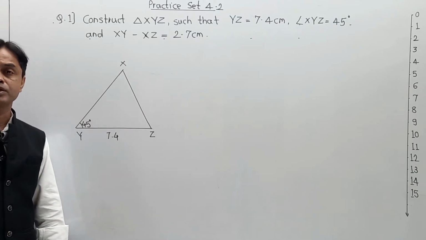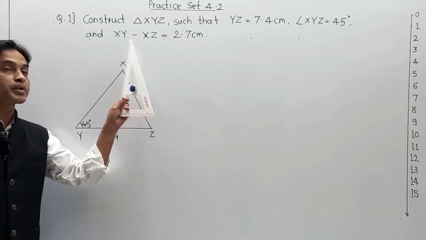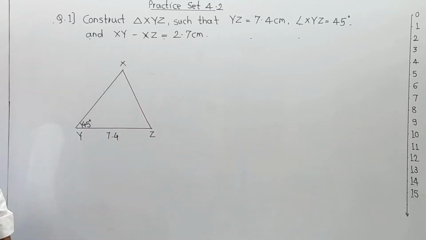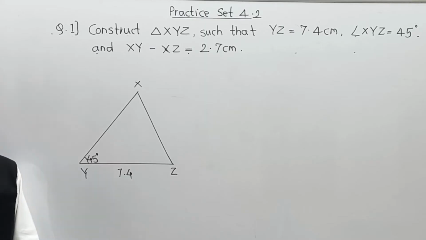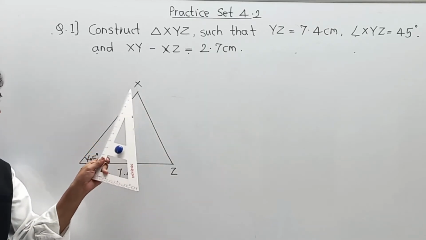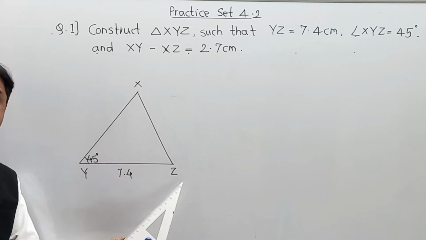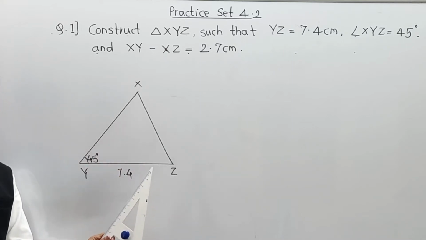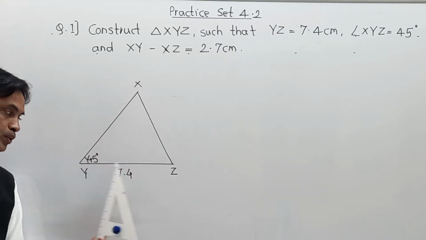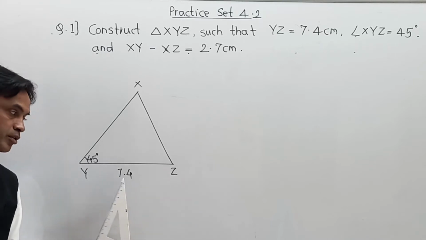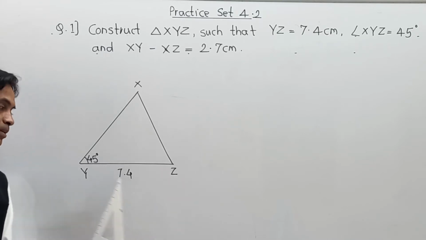In previous numericals they were always giving the addition of two sides. Here they have given the subtraction of two sides. Now how to draw it? A simple methodology: if they have given XY minus XZ as 2.7 centimeter, first of all you draw the base YZ of 7.4 centimeter.